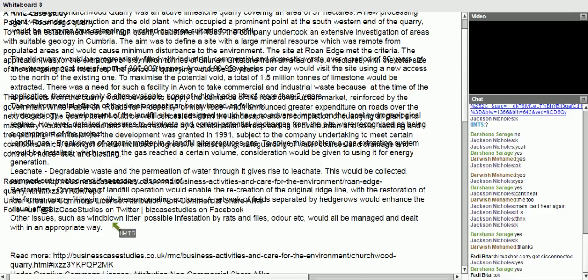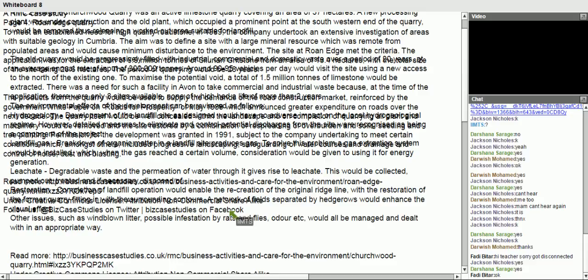Okay, and now wherever there is litter, it will be infested by rats and flies, and a lot of odor will be there, right? So how are they going to control that? See, most of the companies want to restore the site, but they have the mentality of why they need to spend that money. If you want to restore a site, obviously there are certain cons, like foul gases, rats and flies, so how are you going to manage that?